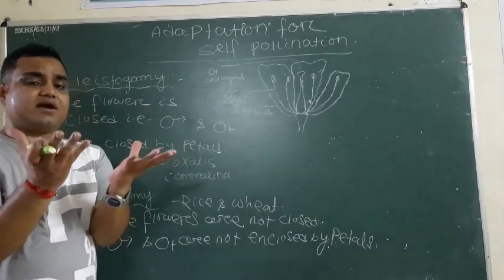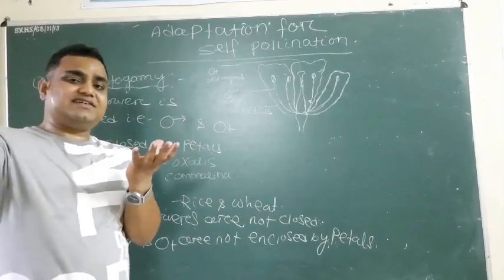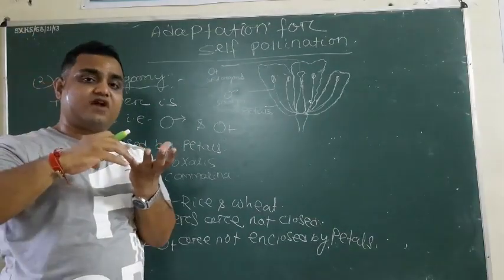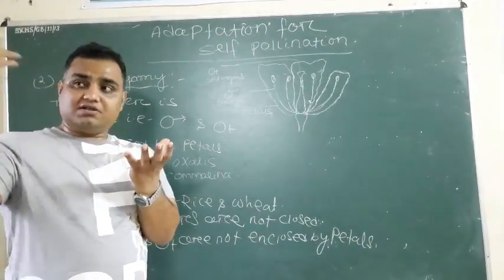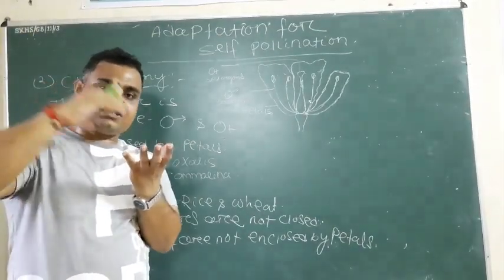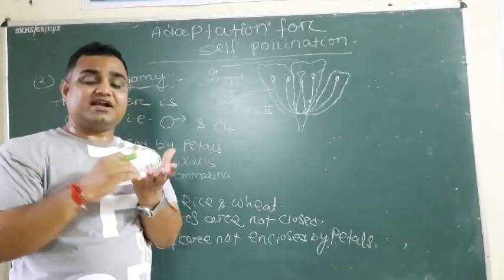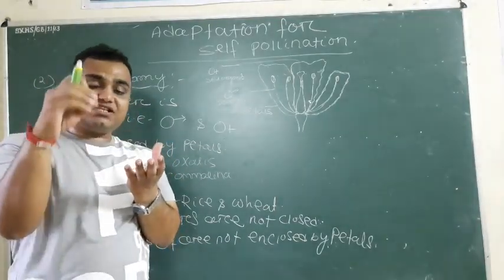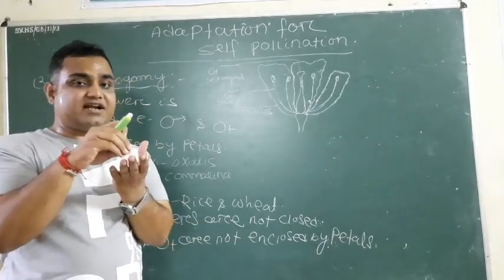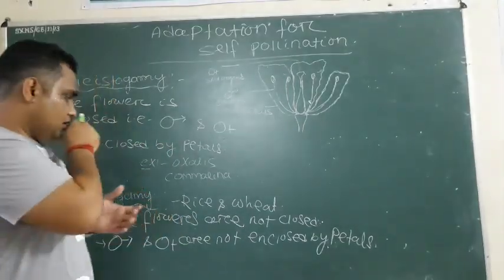In this case the pollinating agent will carry pollen grains from a different flower. Are you getting my point? The pollen grains are transferred by the pollinating agent and they will fall on the stigma, so for that reason pollination will take place.